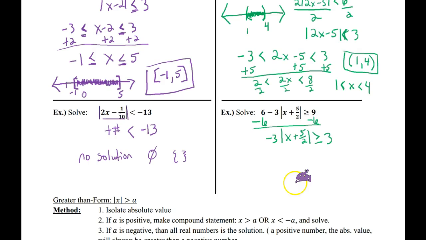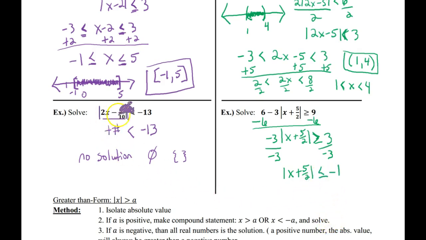And then I divide both sides by a negative 3. And when I divide by a negative, I have to remember to flip the direction of my inequality. So instead of greater than or equal to, this will be less than or equal to. A positive divided by a negative is negative 1.